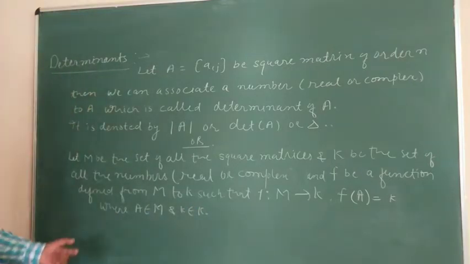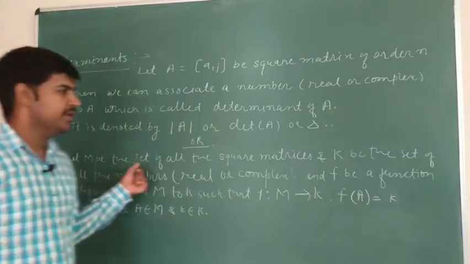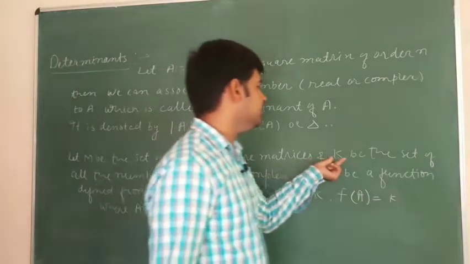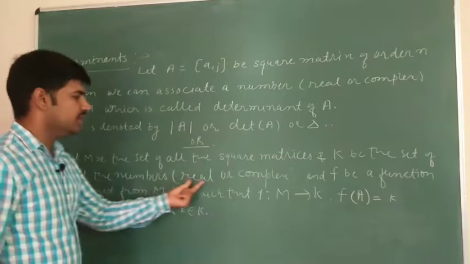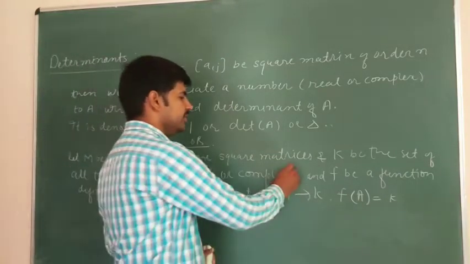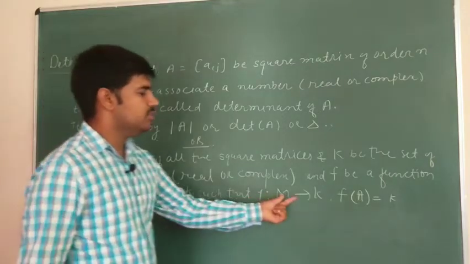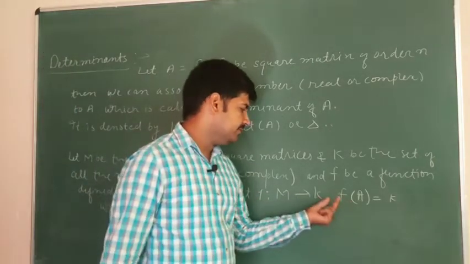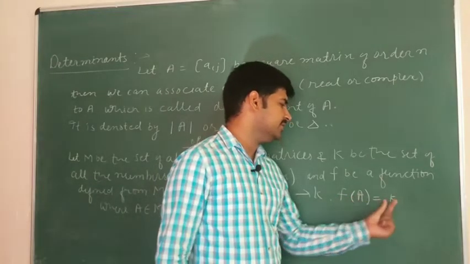So what we have taken, students, we have taken a set of all of the square matrices as M, and K we have taken a set of all of the numbers in which both real and complex numbers are included. f we have considered a function which is defined from M to K, and we have defined the function f(A) is equal to k.